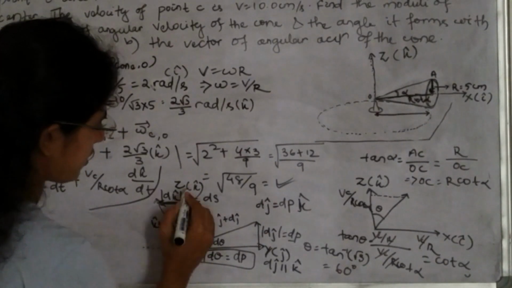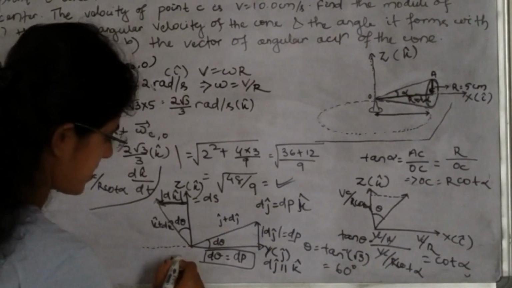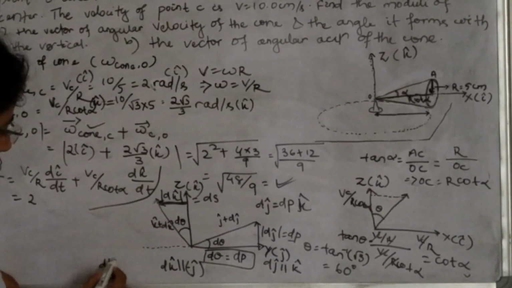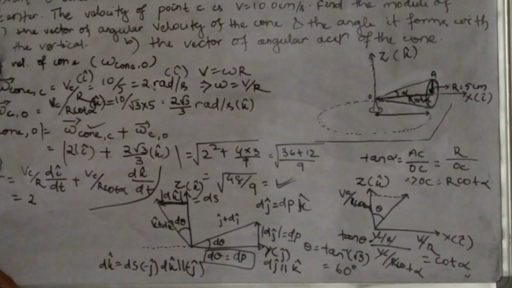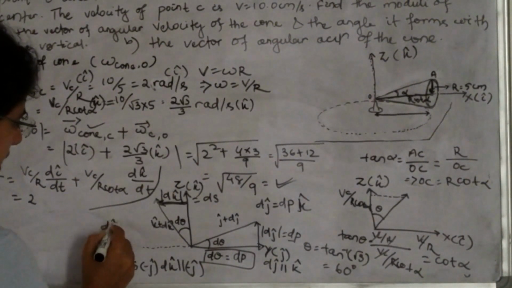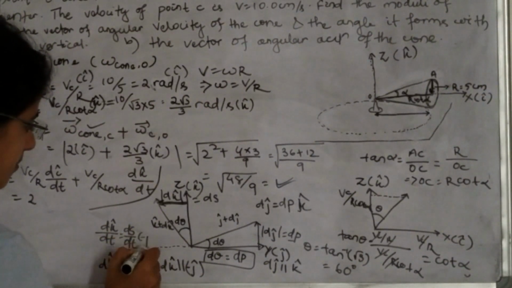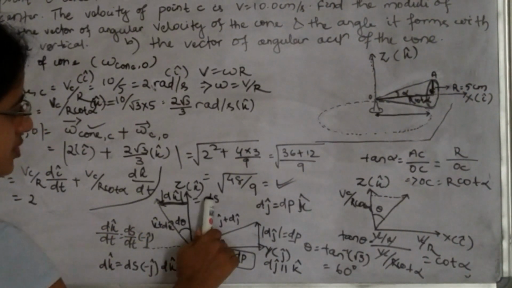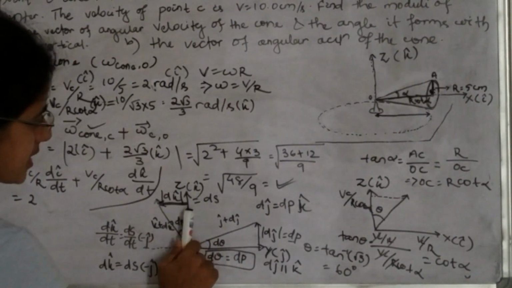So I can write dk cap is directed along minus j cap. That means dk cap is equal to how much? ds into minus j cap. I can write it as this. So dk cap divided by dt is how much? ds divided by dt minus j cap. And d theta from this triangle, d theta value is how much? ds divided by this magnitude, which is 1. That means d theta is equal to ds from this triangle.